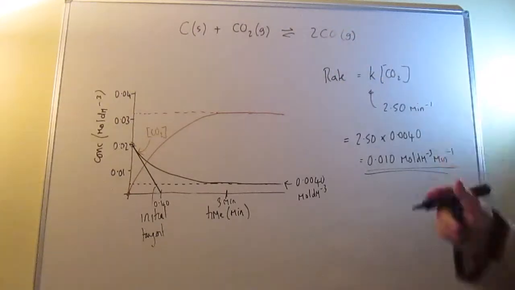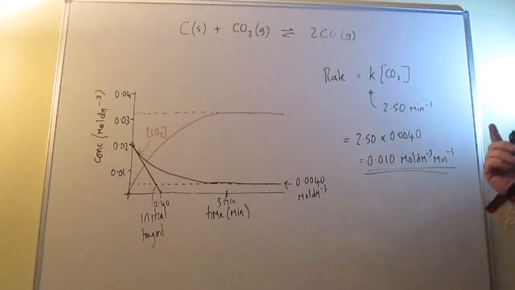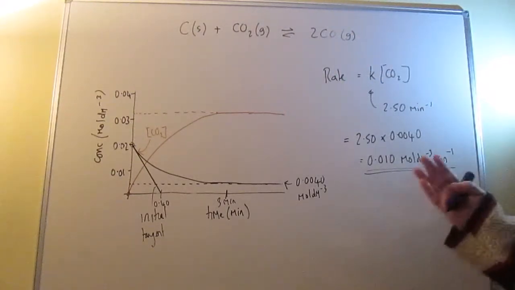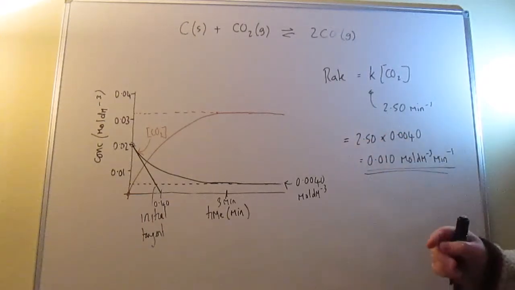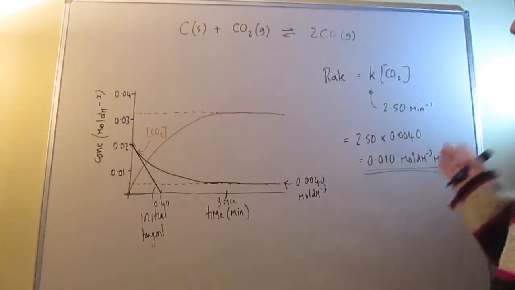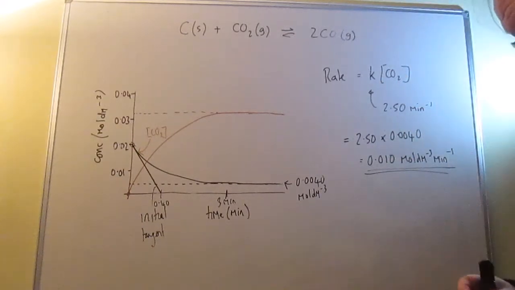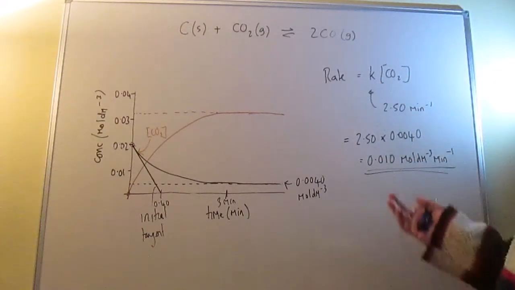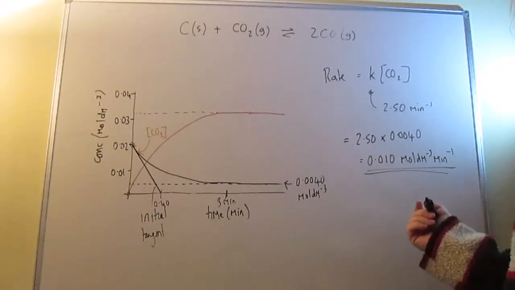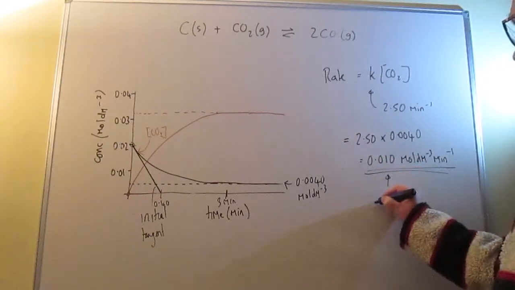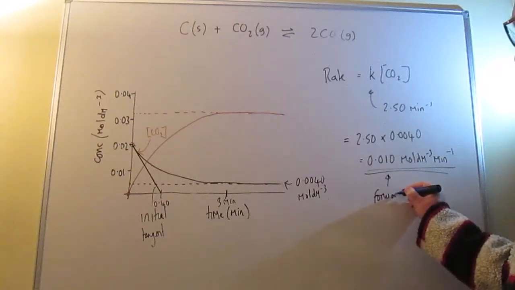Okay, so once you realise what you had to do, that was very straightforward. It was just simply plugging numbers into the rate equation. And you just had to be clear that that doesn't mean that the concentration is changing, because that's exactly balanced by the backward rate. And that's the point of part 4, which says, well, what is the backward rate? And so the answer is, well, it's the same. Okay, so that we've just calculated is the forward rate.